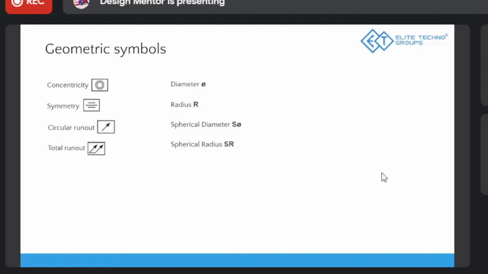This is where we use S along with diameter or radius, so the manufacturer or someone else understands that it is a spherical surface. So these are some other symbols that you use often. There are more, and I want you to search what the other symbols mean, and also go through whatever we have learned so far and note down the symbols we have learned.